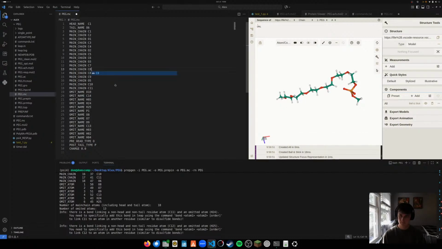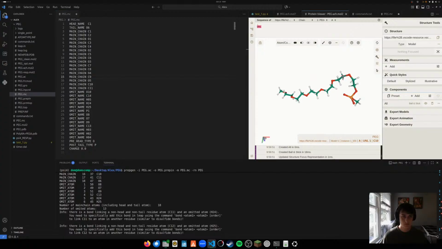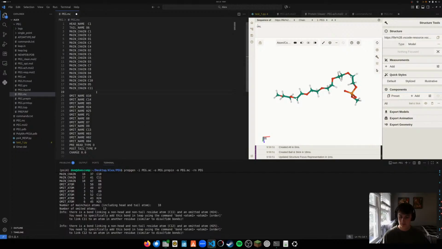C8, O4, C9, C10, O5, C11, C12. This is already a little different.